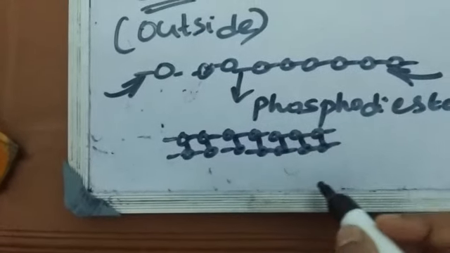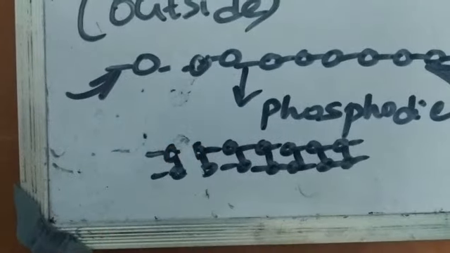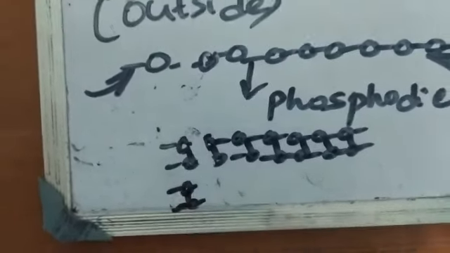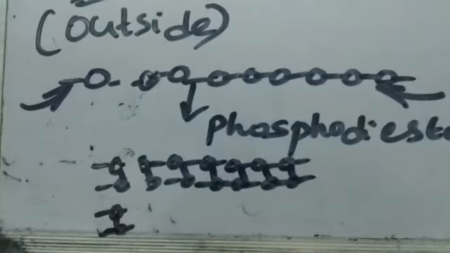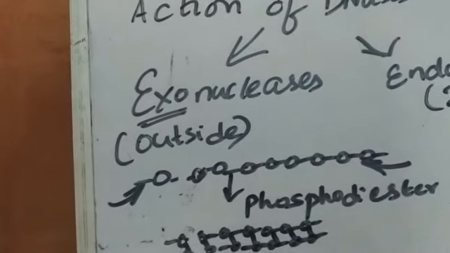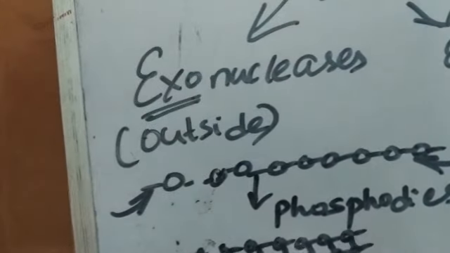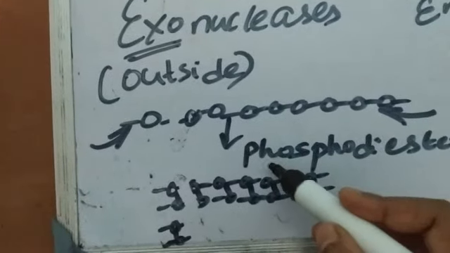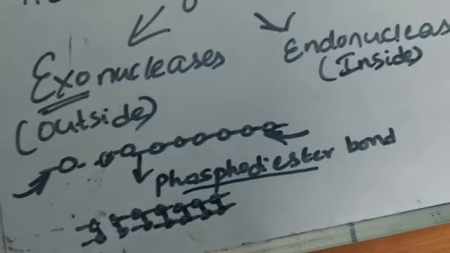Here we are seeing that the nuclease attacks the double-stranded DNA, and this is how it cuts, and the DNA gets shortened by a pair of nucleotides. I hope you have understood this. Exonucleases start removing the nucleotides from the ends of the DNA molecule by breaking the phosphodiester bond.